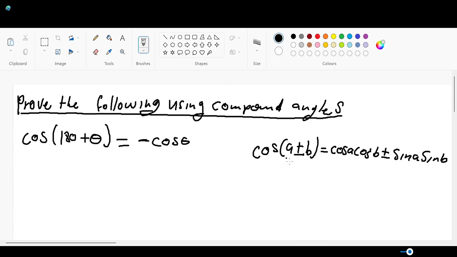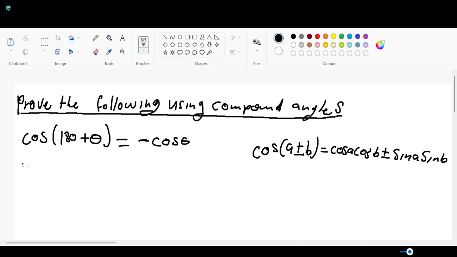There are 3 formulas, and this one is for cos. Now we're going to use this one to solve this one. All right, let's do it.